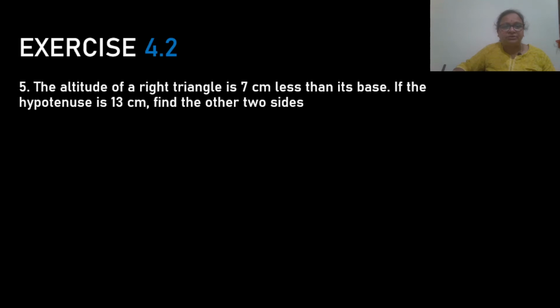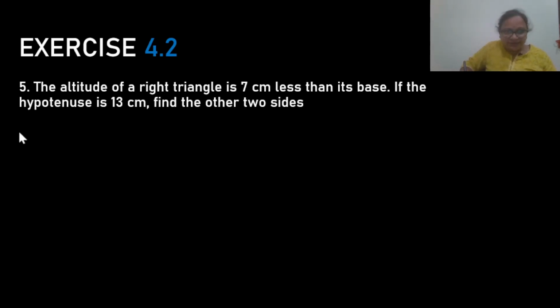Question number 5. The altitude of a right triangle is 7 centimeters less than its base. If the hypotenuse is 13 centimeters, find the other two sides. Here, the altitude of the right triangle depends on its base.